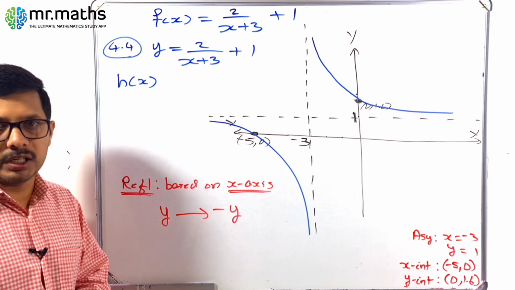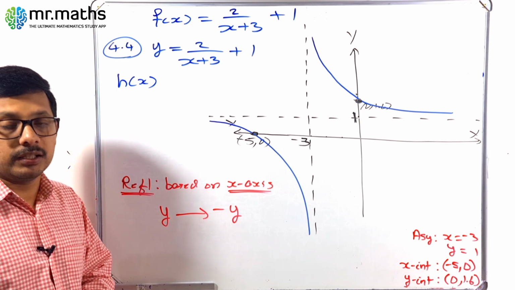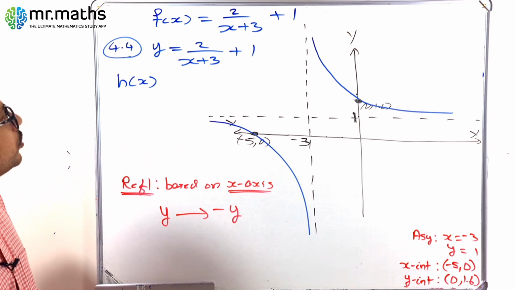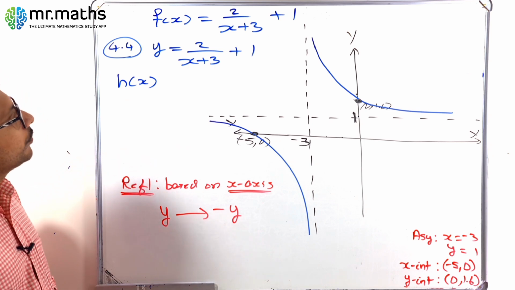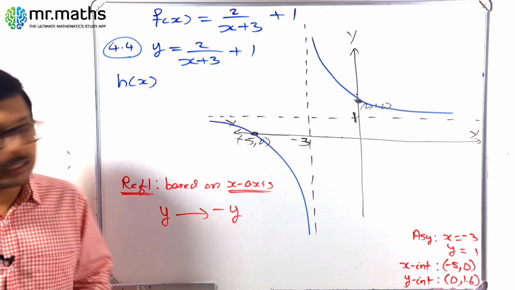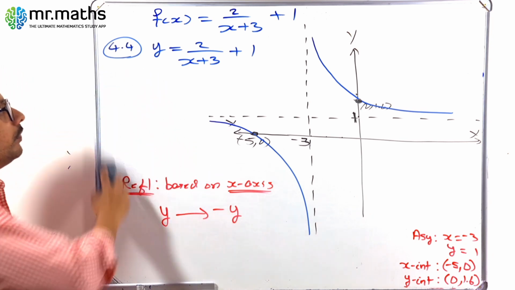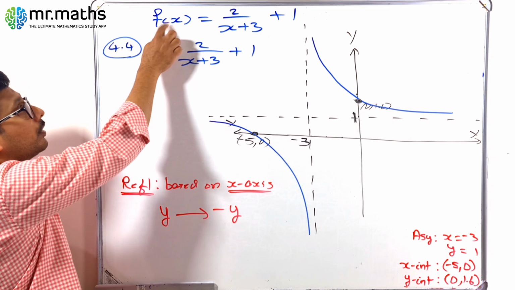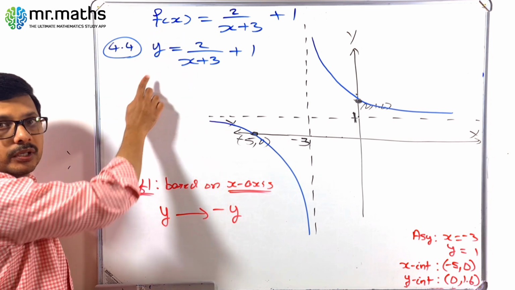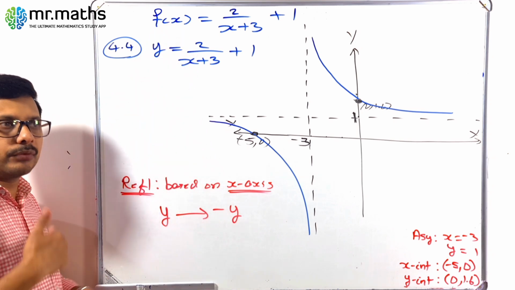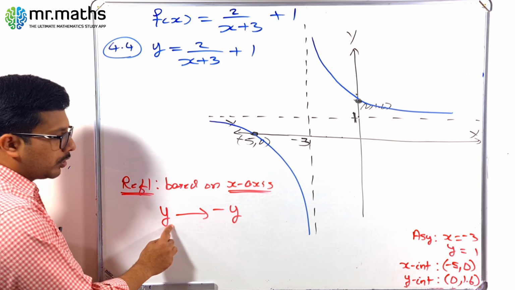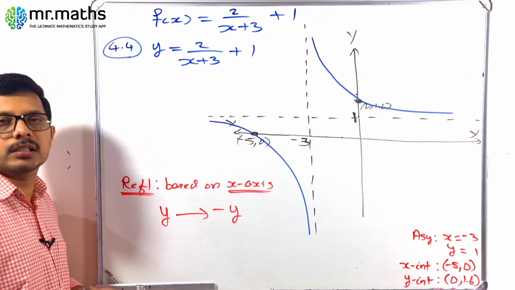graph, they call it what? h of x. So what is our h of x? Before I write h of x, what is this? This y is our f of x. I wrote it as y. Now for the reflection based on the x-axis, you are supposed to change the positive y to negative, or change the sign of y.